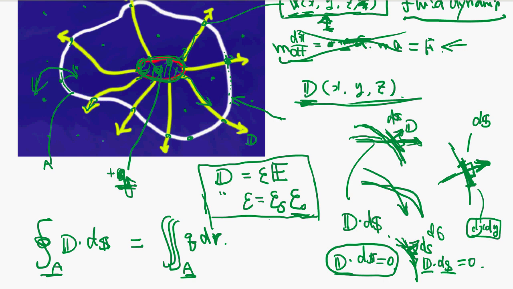So what Gauss law says is, whatever the source of D, Q generates D, right?